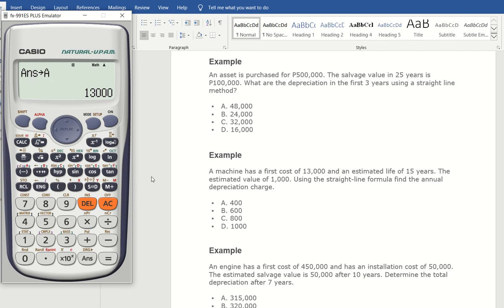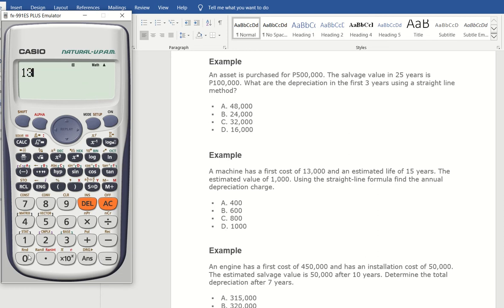Second is the value of B, which is the cost minus the estimated value or the salvage value, divided by the years. So that's gonna be 13,000 minus 1,000 divided by 15. Oh, sorry, I messed up.